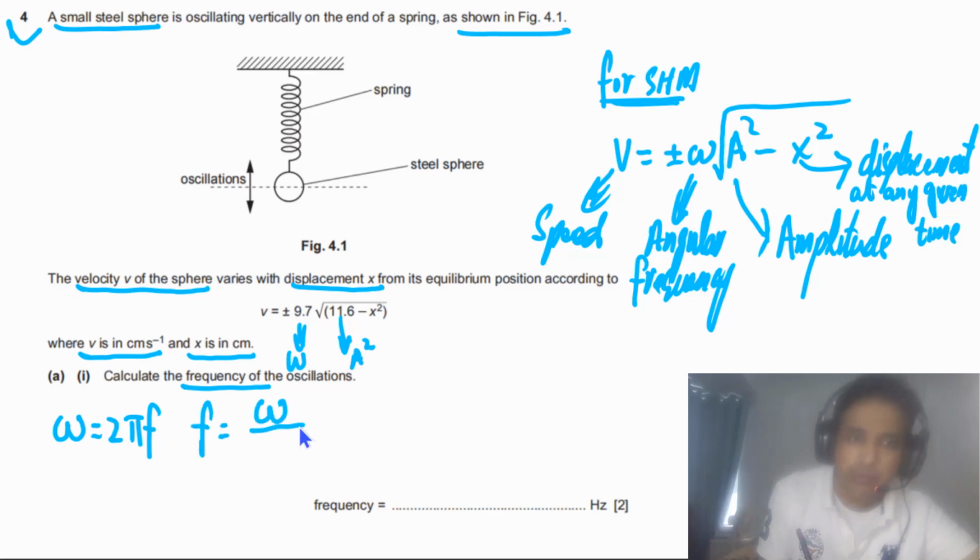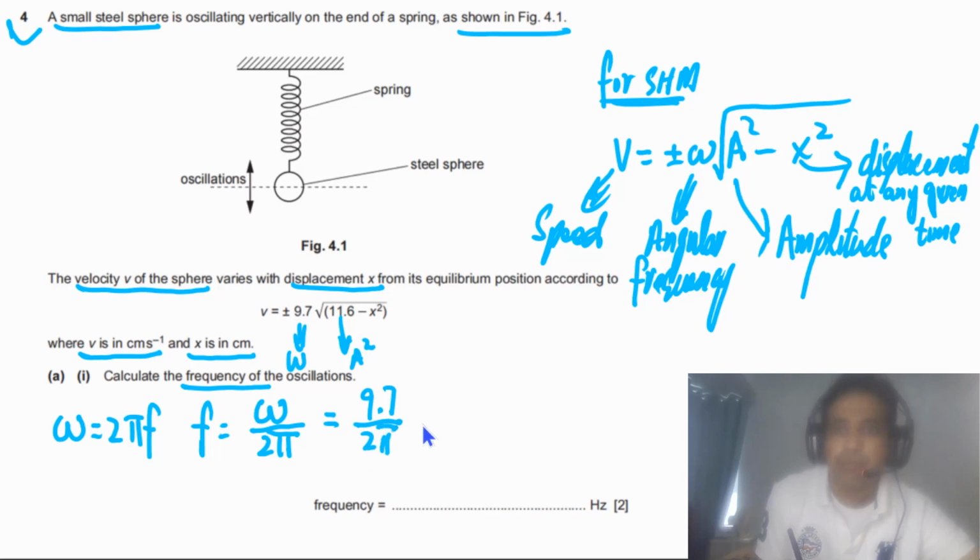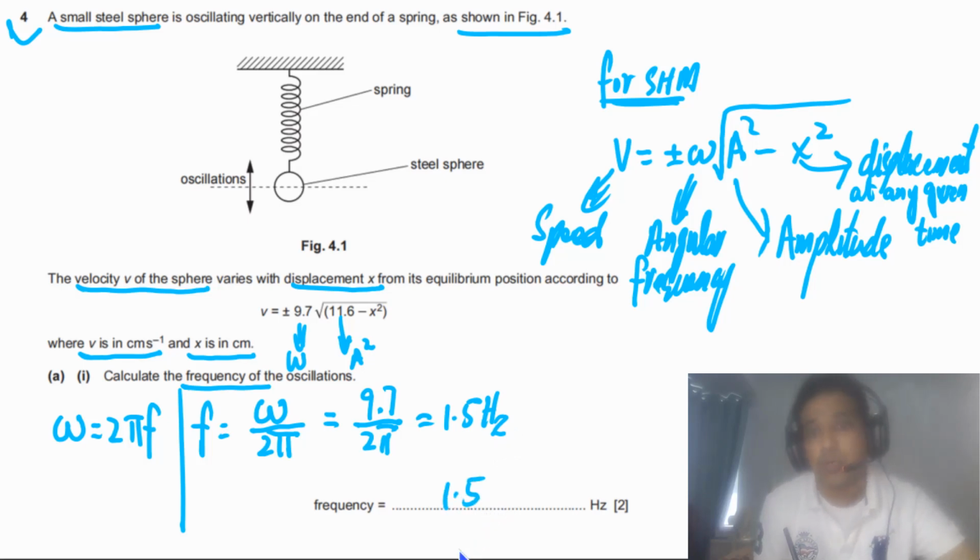This will be equal to angular frequency divided by 2 pi. Angular frequency we have, that is equal to 9.7. Now simply we have to divide this one by 2 pi. So if we divide, we will get frequency that is equal to 1.5 hertz. So the answer for this question is 1.5 hertz. This is how you can calculate.